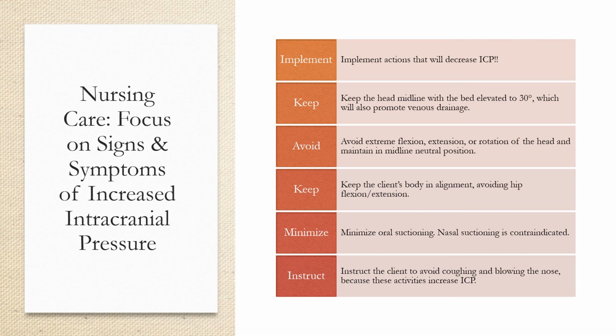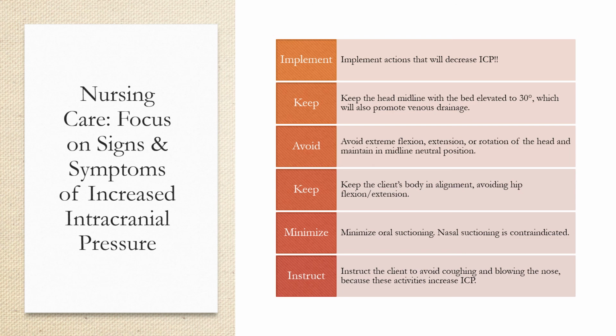So nursing care, we're going to focus on implementing nursing care here and what we can do to help, especially focusing around our increased intracranial pressure. Number 1, implement actions that will decrease ICP. All the things we've talked about: positioning in the bed, the head of the bed at 30 degrees, no extreme flexion, rotation, or extension, make sure that the room is dark and quiet.